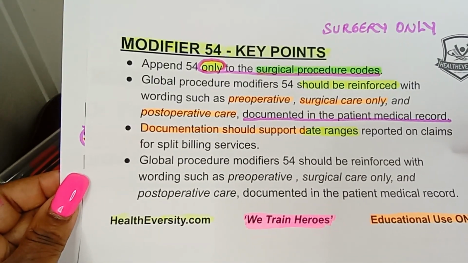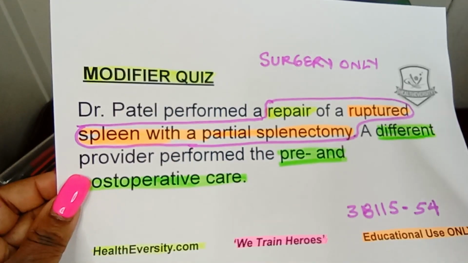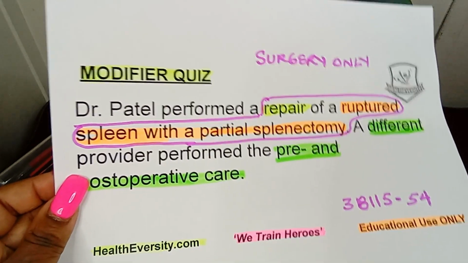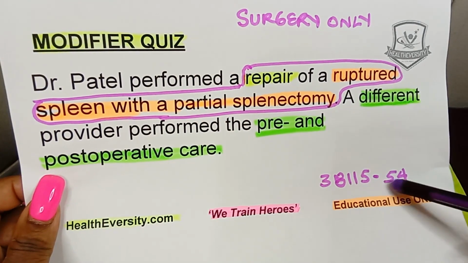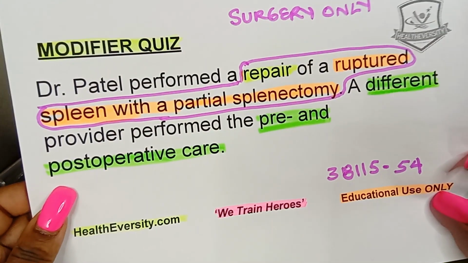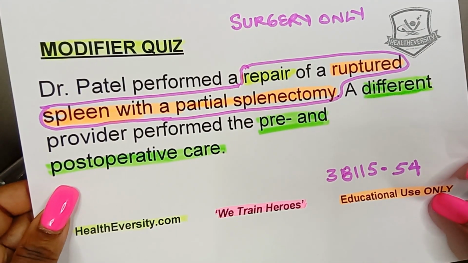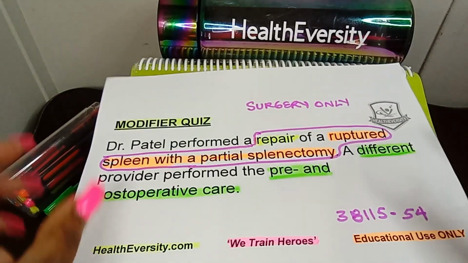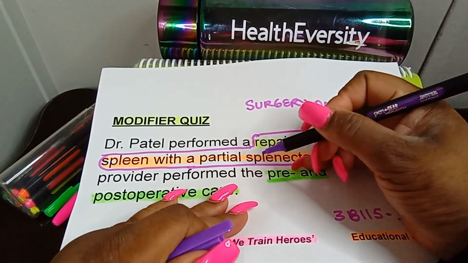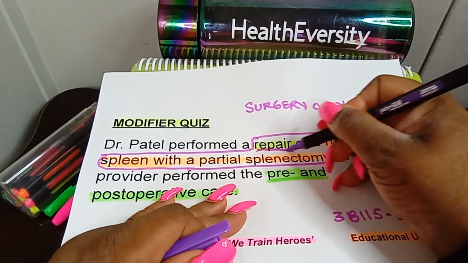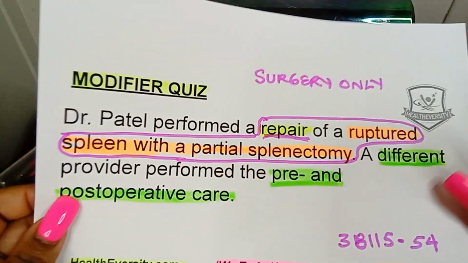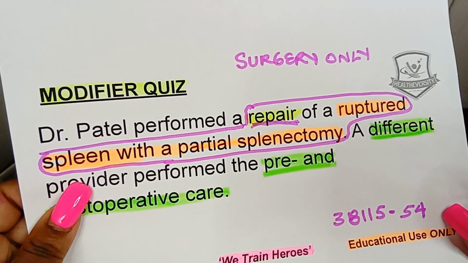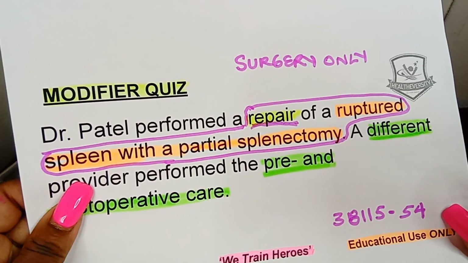And let's move on to our quiz. All right, so let's look at this. It's for surgery only, and this is our answer down here. Dr. Patel performed a repair of a ruptured spleen with a partial splenectomy.